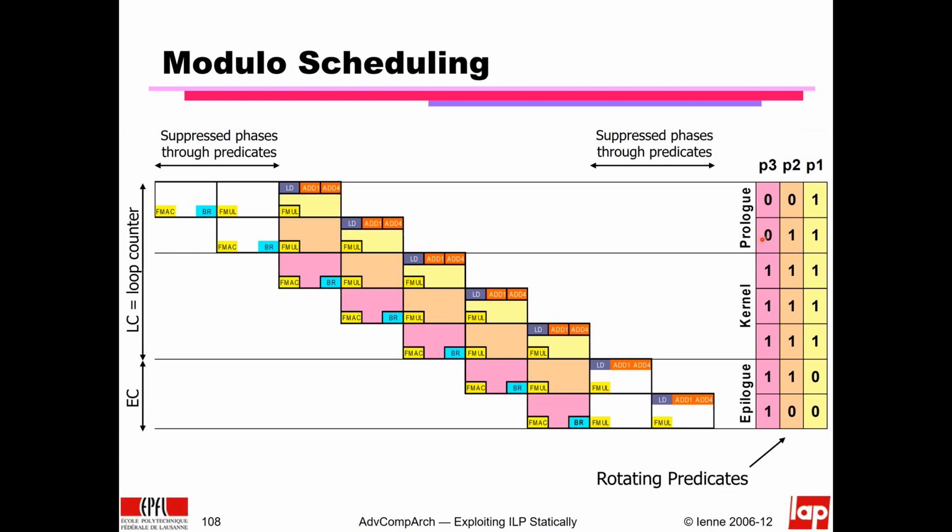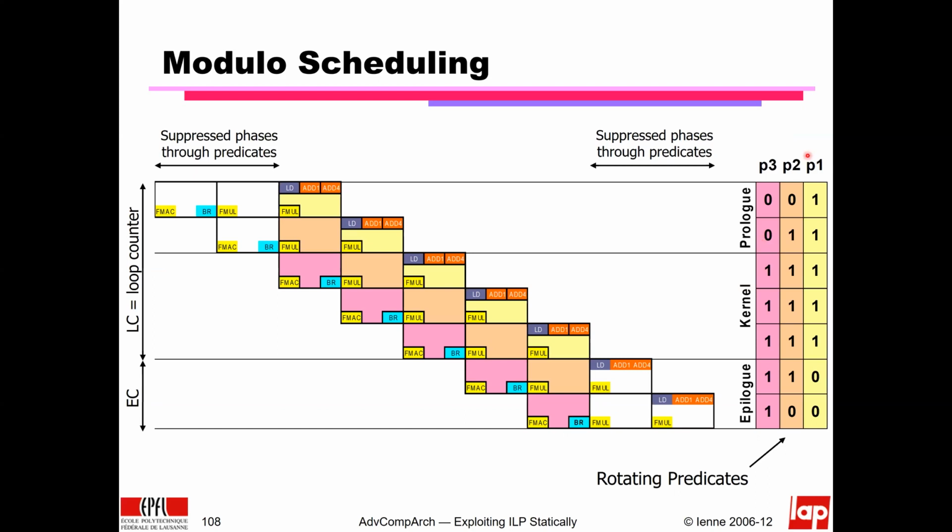You can look at the technical details on how this works, but essentially the idea is that you have these predicates and actually all the registers that get renamed every cycle, every iteration of the loop. So whatever was called P1 on the first iteration of the loop becomes P2 on the second iteration and becomes P3 on the third iteration.